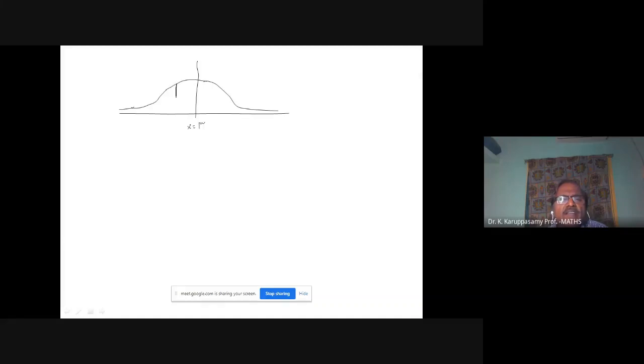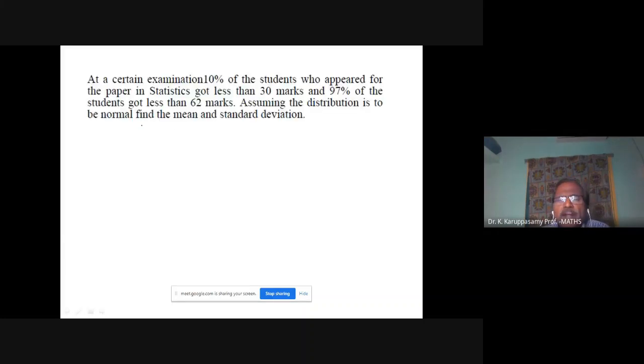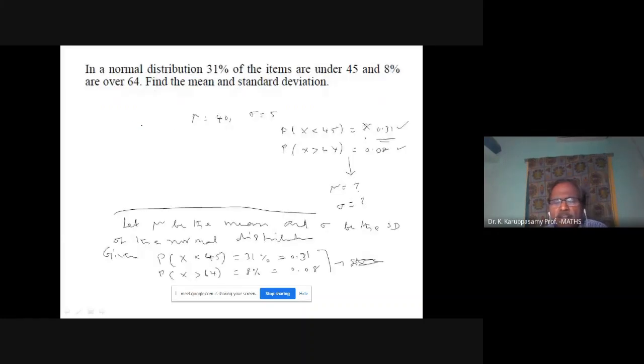This line is the x equal to 45 line. Why do I draw it on the left side of the bell-shaped curve? See the probability: x less than 45 means this small portion, and that value is 0.31.